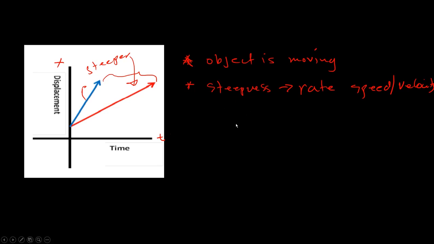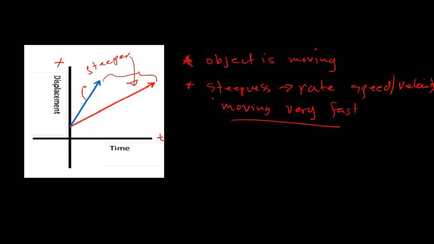of the moving object. Meaning to say, with this blue line here, the object at this moment is moving very fast.